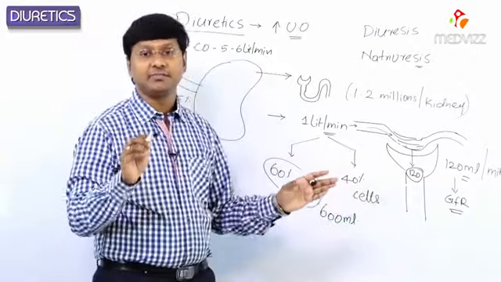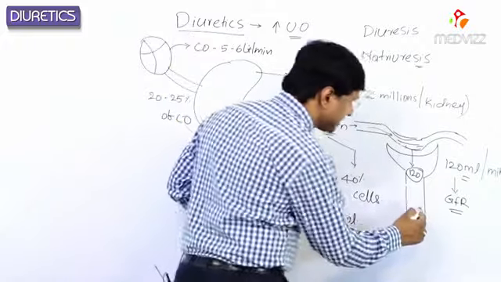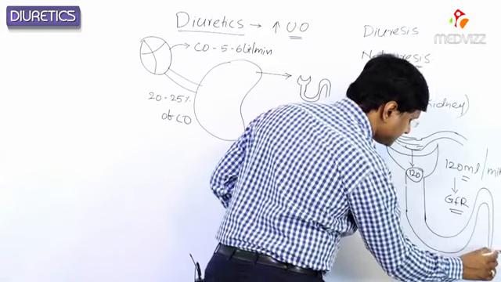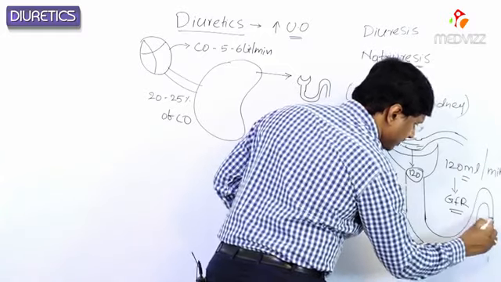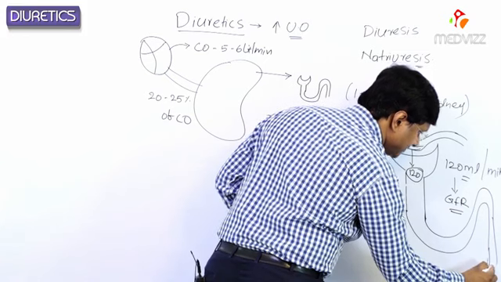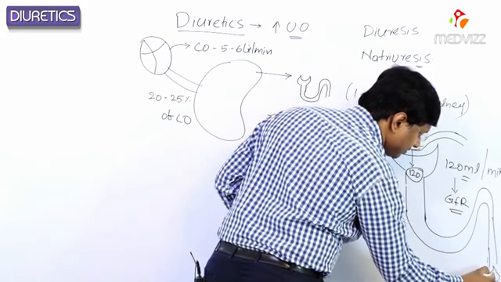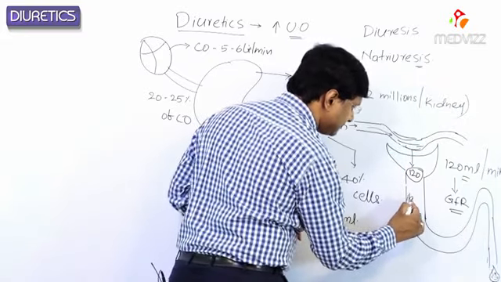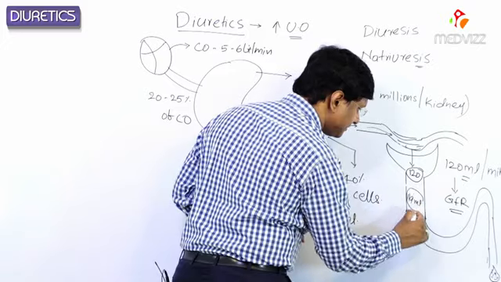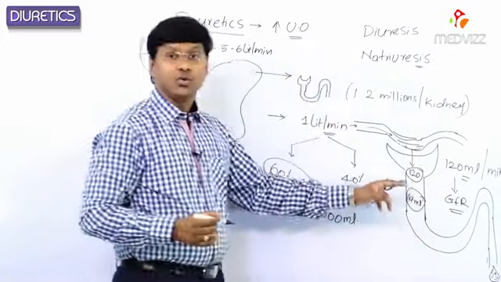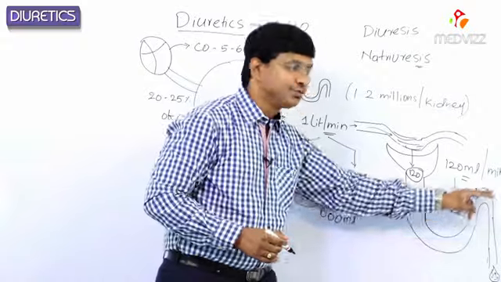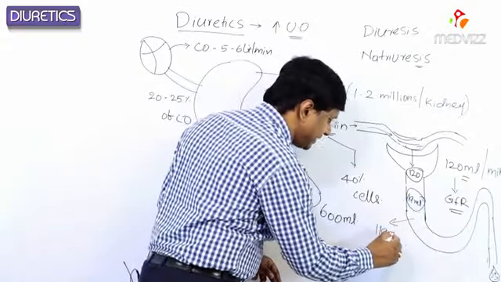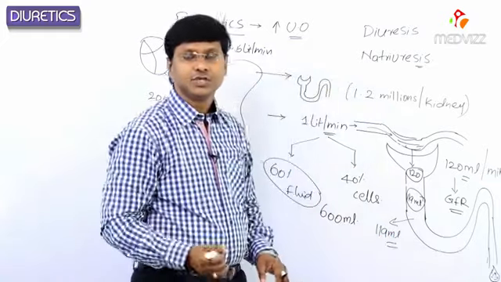Out of this 120 ml, your nephron, the renal tubules, will reabsorb nearly 119 ml of the fluid.